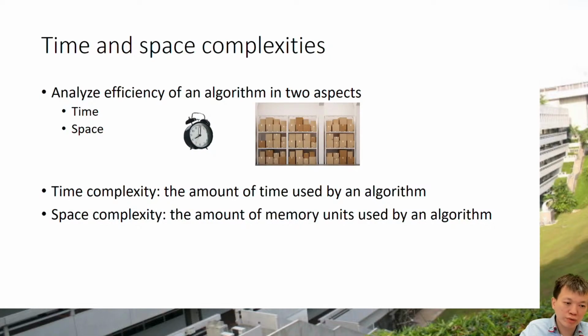So how we represent the time is an issue, and how we represent the amount of memory. Here we will focus on time complexity only, but the representation and analysis of space complexity should be very similar. The analysis of time complexity is normally harder than space complexity.